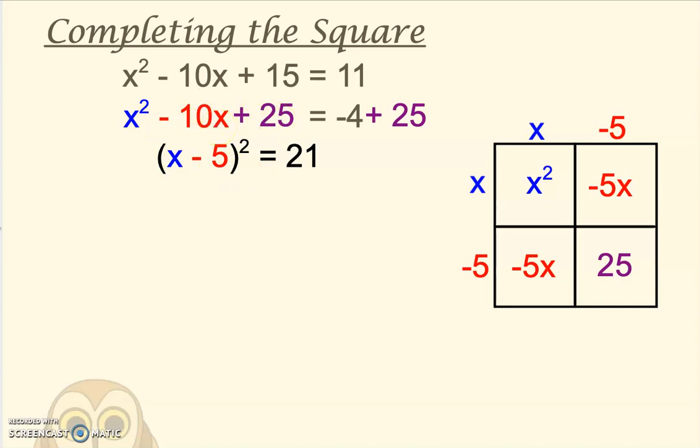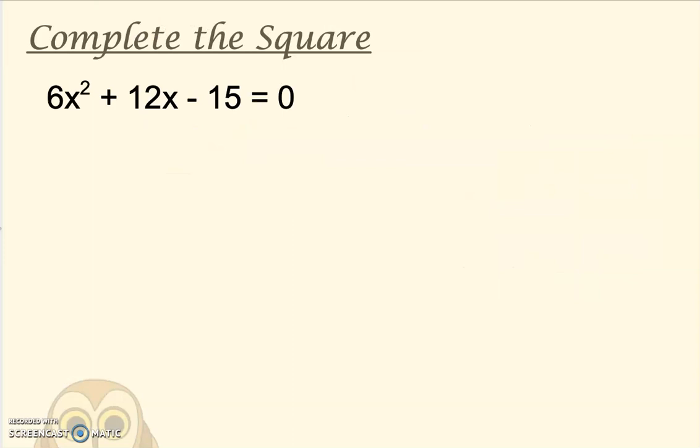So let's try this again. Here's another problem. What makes this one slightly different is that in order to complete the square, you really want this number right here to be a 1, and it's a 6. So first things first, I'm going to move this 15 to the other side. And then in order to make this a 1, I have two options.